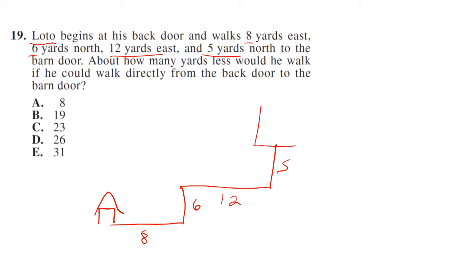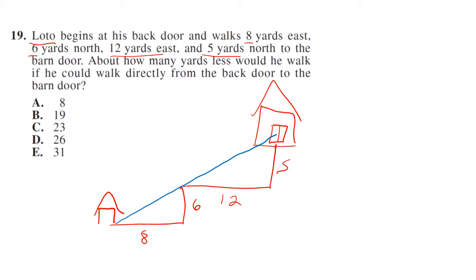So let's make him a little barn right here. There we go. About how many yards less would he walk if he could walk directly from the back door to the barn door?